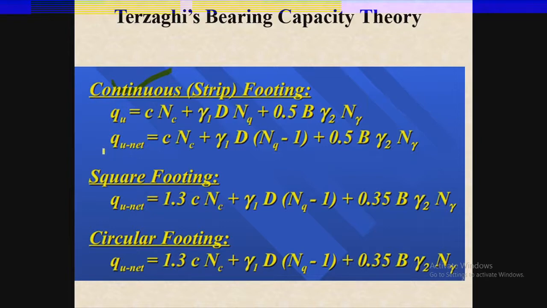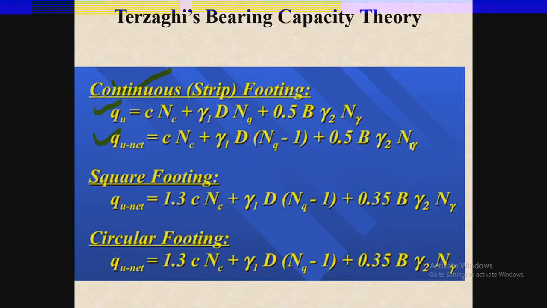If we modify this equation for the net ultimate bearing capacity, then it will be written in this form: CNC plus gamma 1 D into NQ minus 1 plus 0.5 B gamma 2 N gamma.